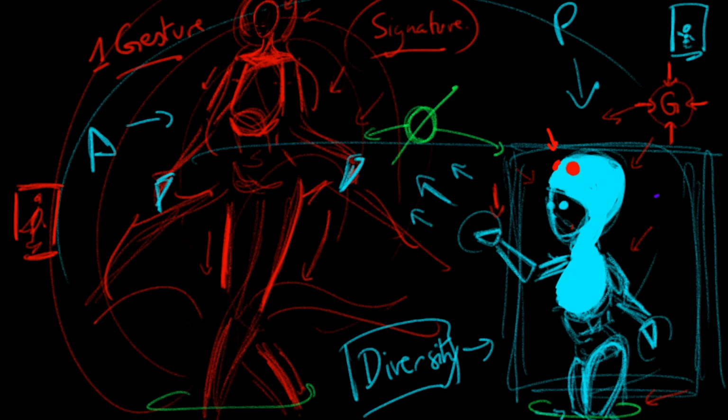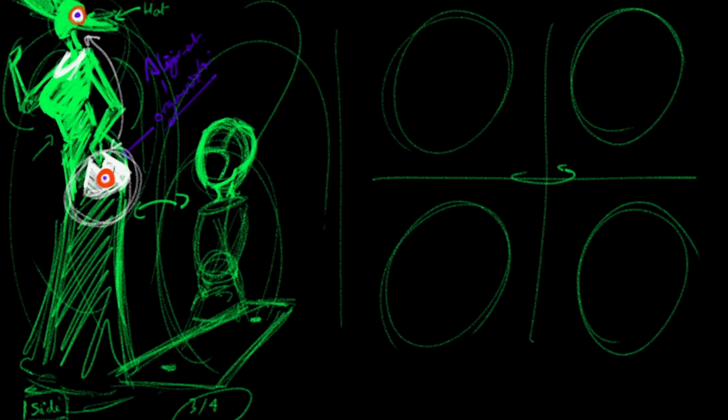However, we're dealing with two characters which are part of the same faction, or at least which are not opponents. So how do we display that? First, we may simply add this little symbol on this character, the symbol we established before. But let's draw the character first.